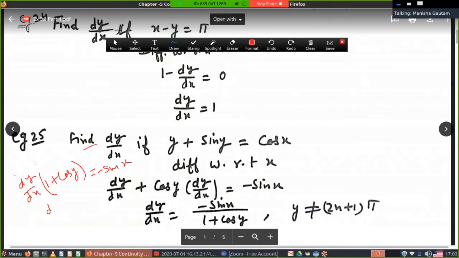So dy/dx will be equal to minus sine x upon 1 plus cos y. Here you have to remember the denominator should not be equal to 0. It means y should not be equal to (2n plus 1) times pi.